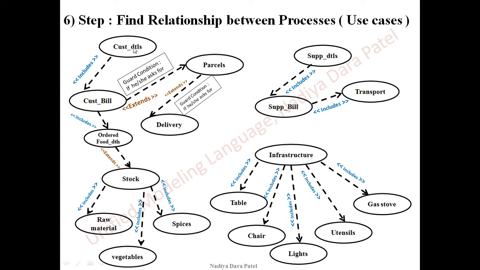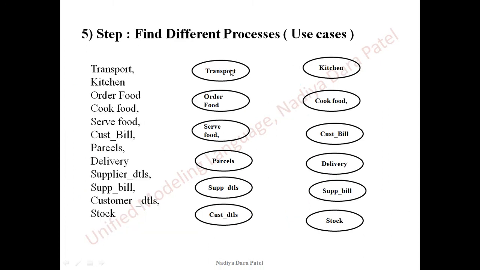The first thing is, while organizing these use cases and finding relationships between them, randomly pick a use case. Say for example, I have picked customer details. Now I need to find the relationship between two use cases. We are going to concentrate on use cases only right now. So we should compare the customer details use case with other use cases.